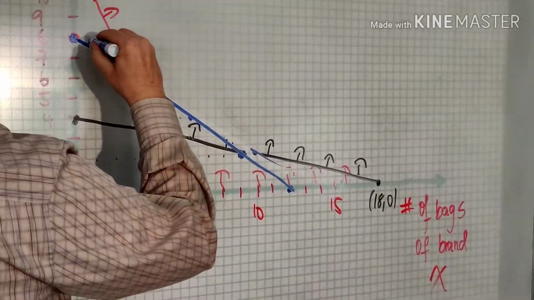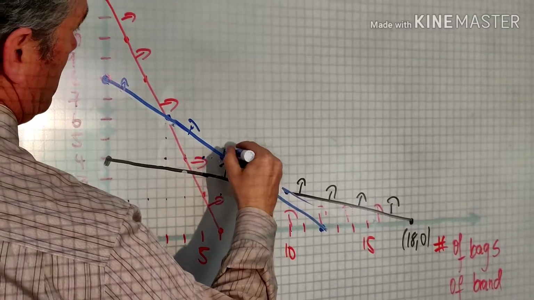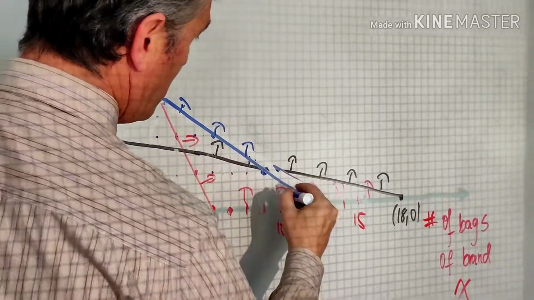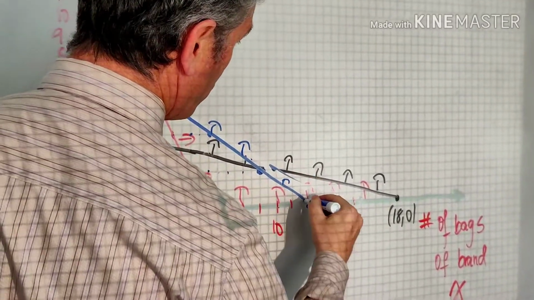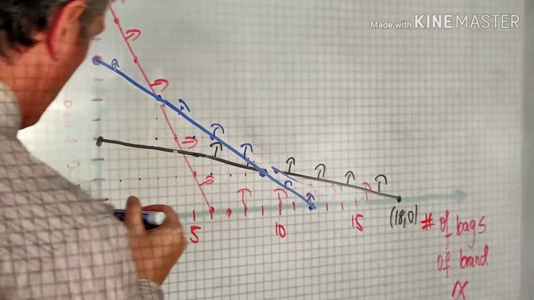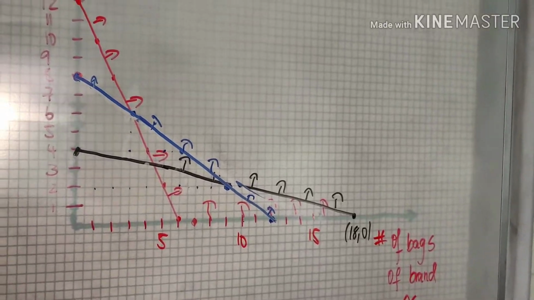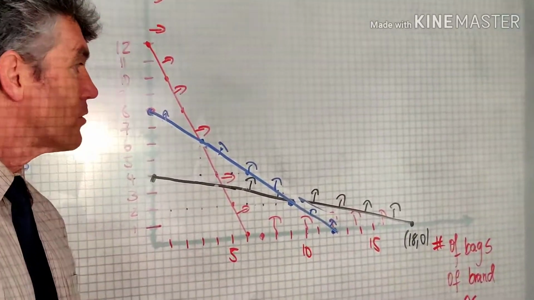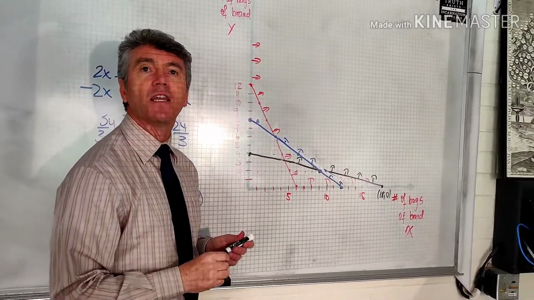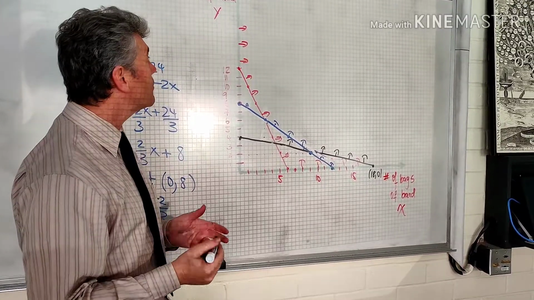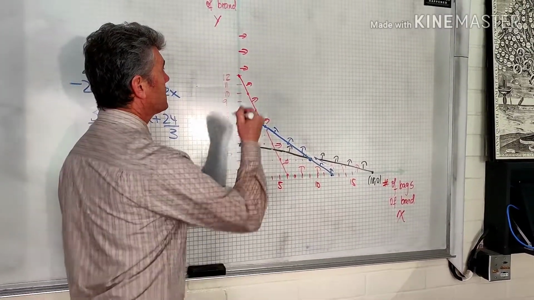Shade above. And we're done graphing all of our constraints. Next, you're going to want to see the region containing all the feasible solutions, and we're going to find all the vertices.